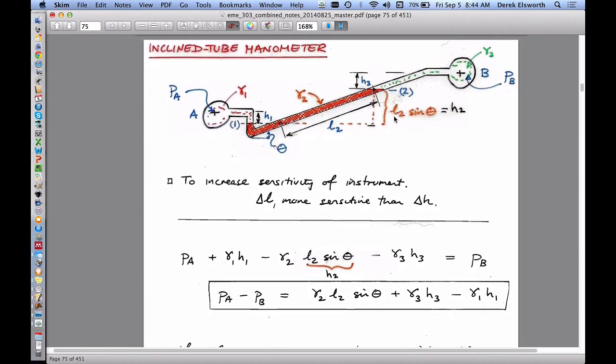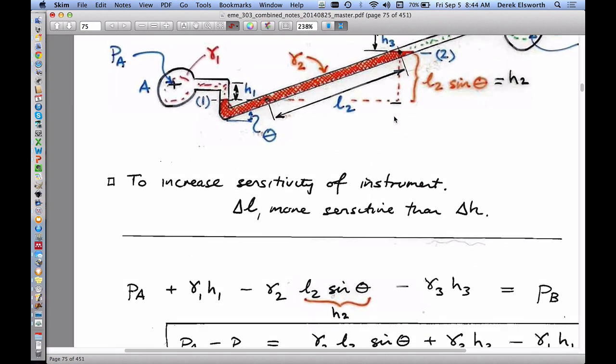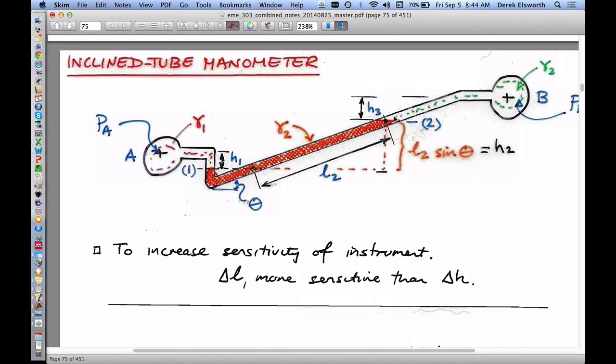You can imagine also that if you want to measure pressures quite accurately, what you might do is put a manometer on its side. Instead of measuring the difference between the elevations in the manometer from one arm to another, which is measured vertically, if the pressure differential between pipeline A and pipeline B is relatively small, then the height change is going to be small and you can't resolve it very well.